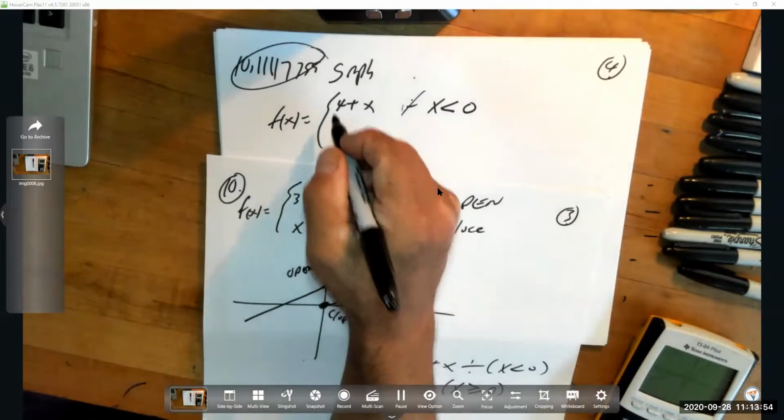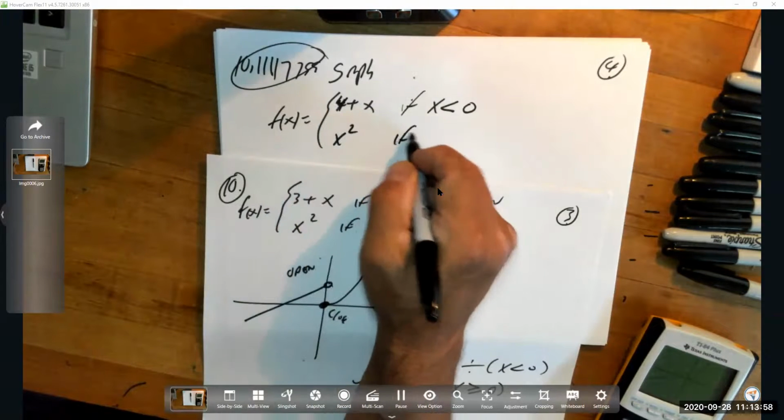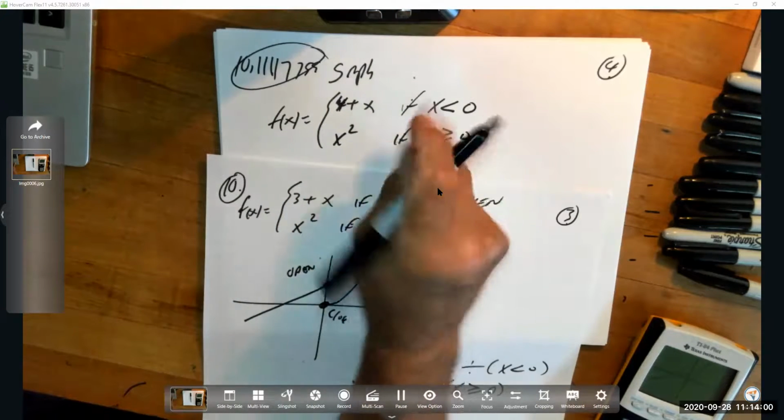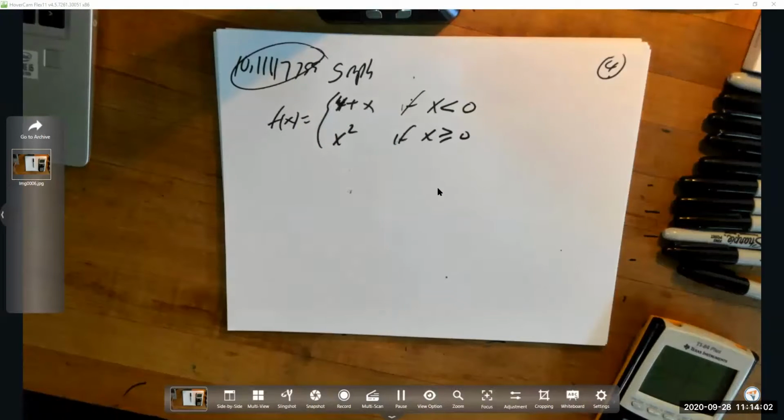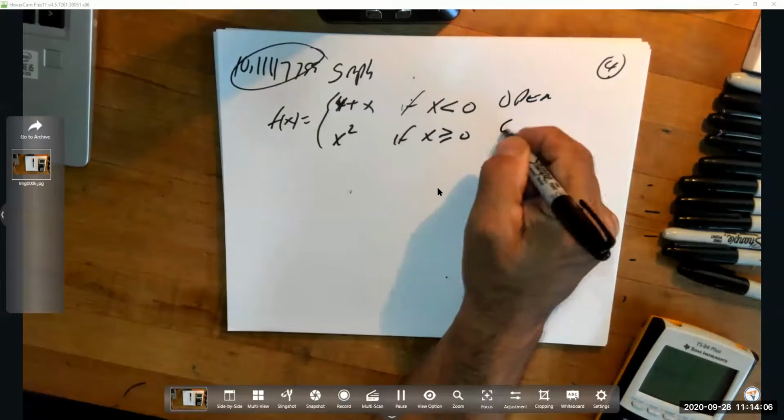Okay, and the other one will be x squared, x is bigger than or equal to 0. I just changed one number, and that's all I did. All right, so now, this is an open one, and this is a closed one, just like the other one.